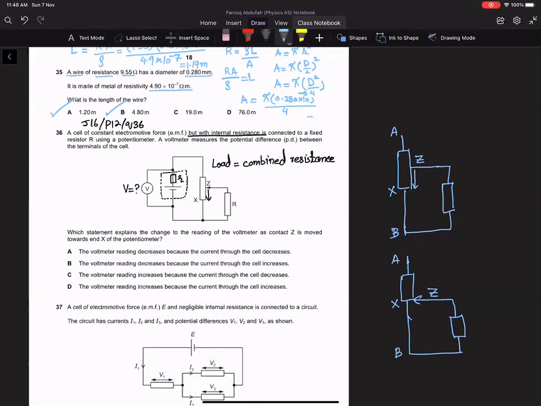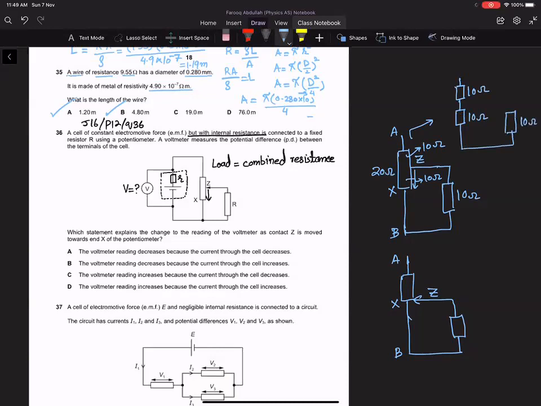Let's take some simple values to make the question easier. Let's suppose this was a resistor of 10 ohm and this was a resistor of 20 ohm, we are supposing the values just for the sake of understanding. Now, if this was the resistor of 20 ohm, the upper part will be of 10 ohm, the lower part is of 10 ohm. The equivalent circuit in this case will become 10 ohm above, 10 ohm below, because the other resistor is in the middle.